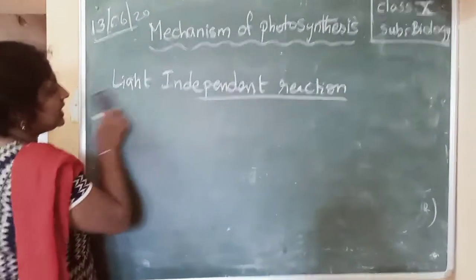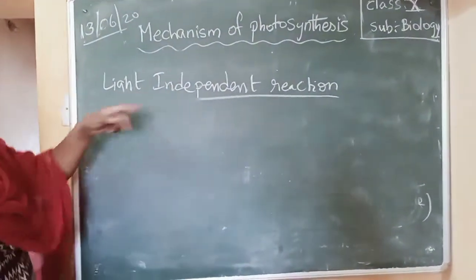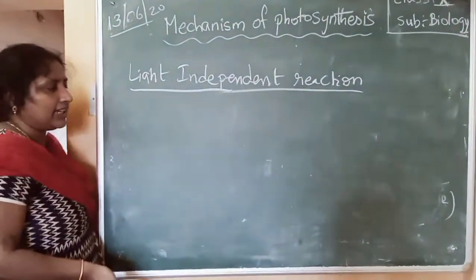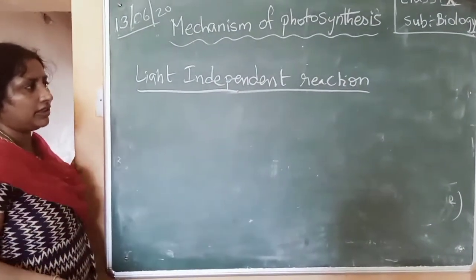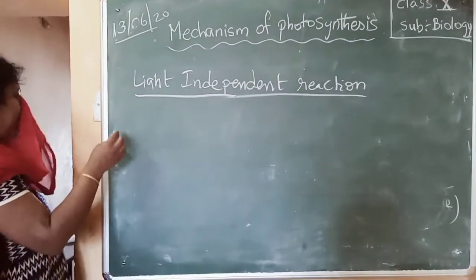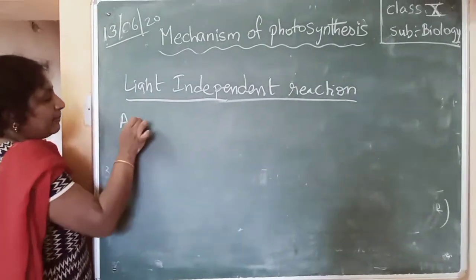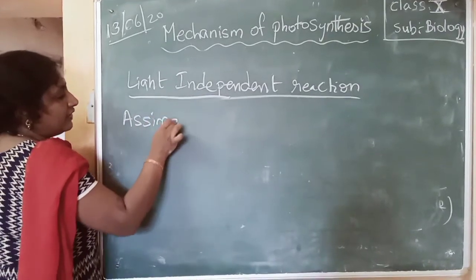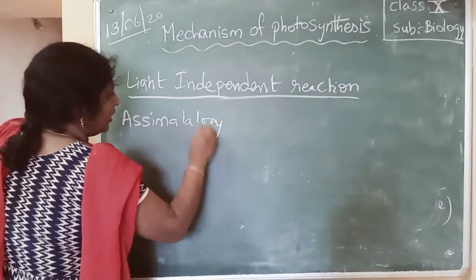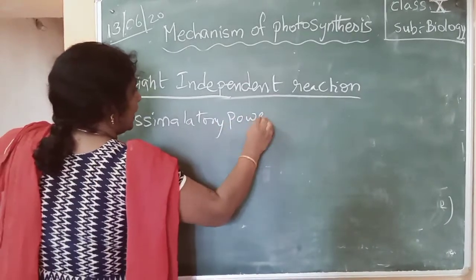Now what happens in the dark reaction? Light independent, so there is no necessity of light. It may occur in the presence of light, and it may also occur in the absence of light. Now in the dark reaction, the assimilatory powers formed in the light reaction are used.